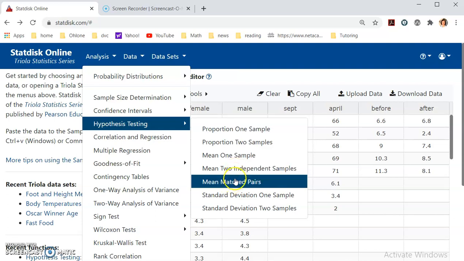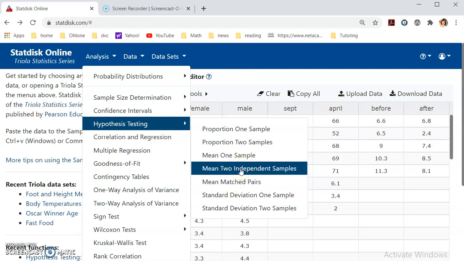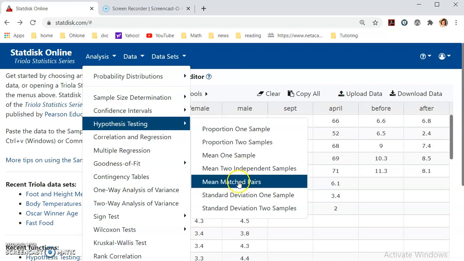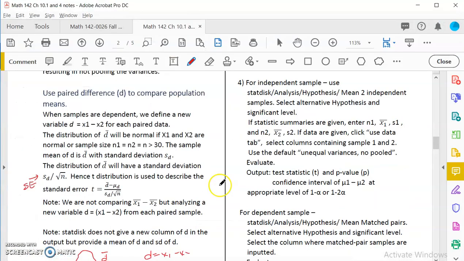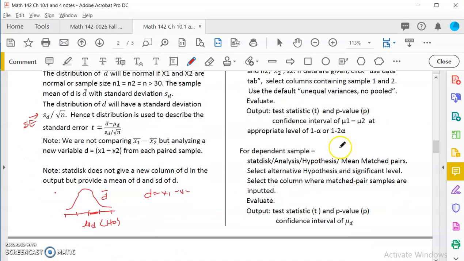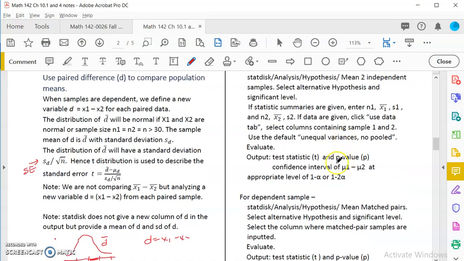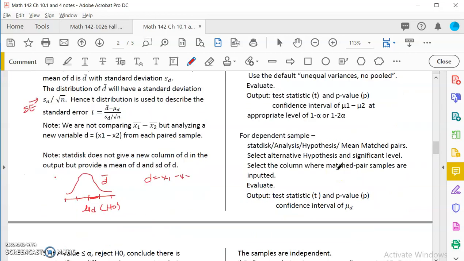So both of them are two samples. If they're not naturally paired, you use independent. If they are, then you do match pairs. Okay, so it is hypothesis test. After that you get a p-value, you get a test statistic, which usually is t if sigma is not given, and then you have a C-level also at the end.